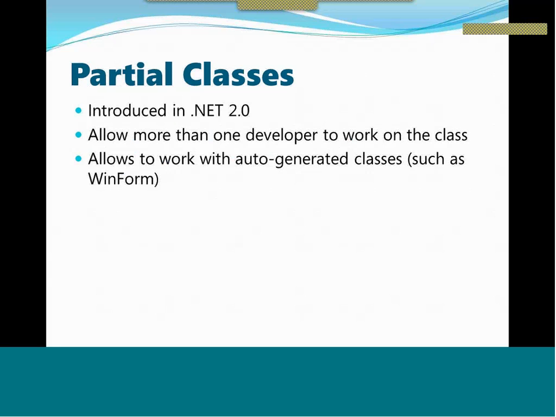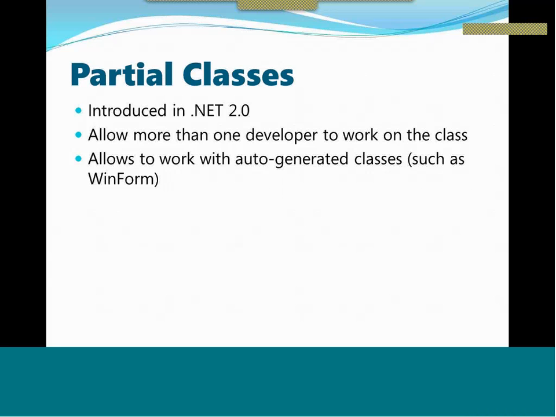This feature has been introduced as part of .NET 2.0 framework. Basically, partial classes allow us to work on the same class by two different people or even more people at the same time.